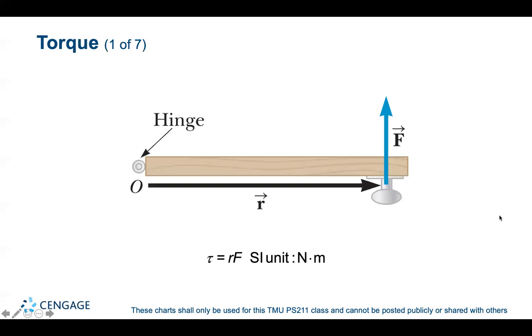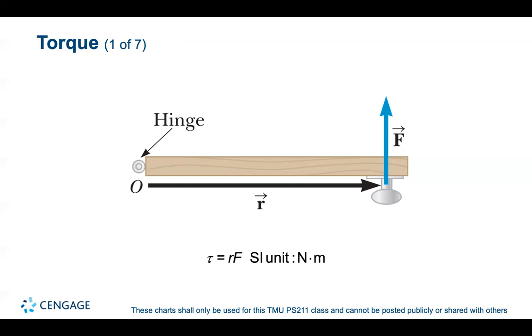So here we have a bird's eye view of a door hinged at O with a force applied perpendicular to the door. I'm sure you're quite familiar with this, with doors in your home or wherever. You already know that forces cause accelerations. Torques cause angular accelerations.